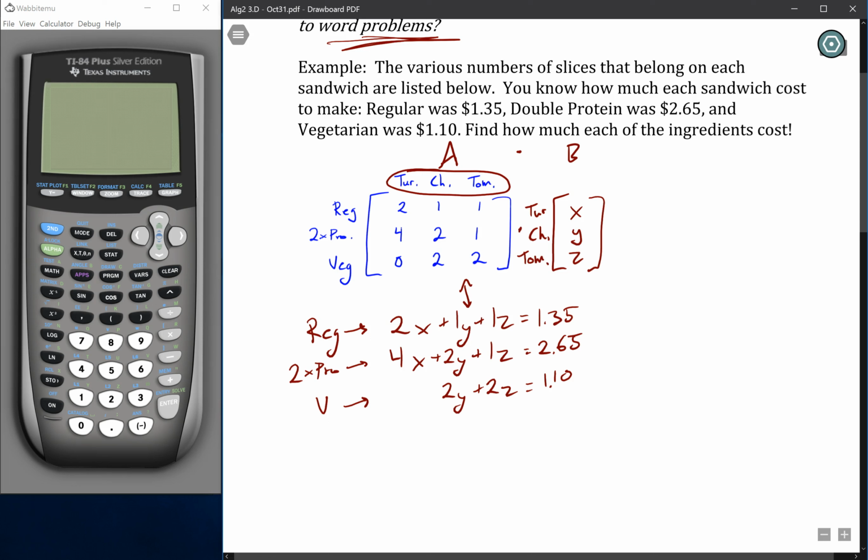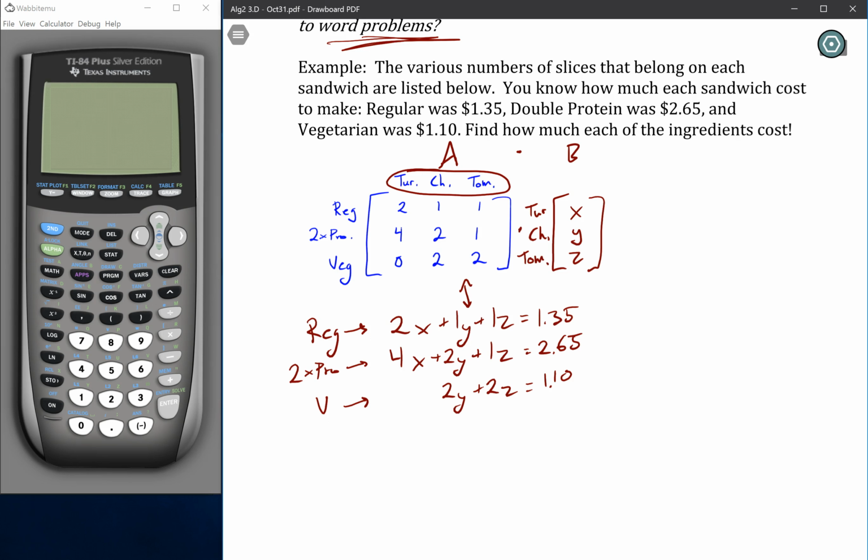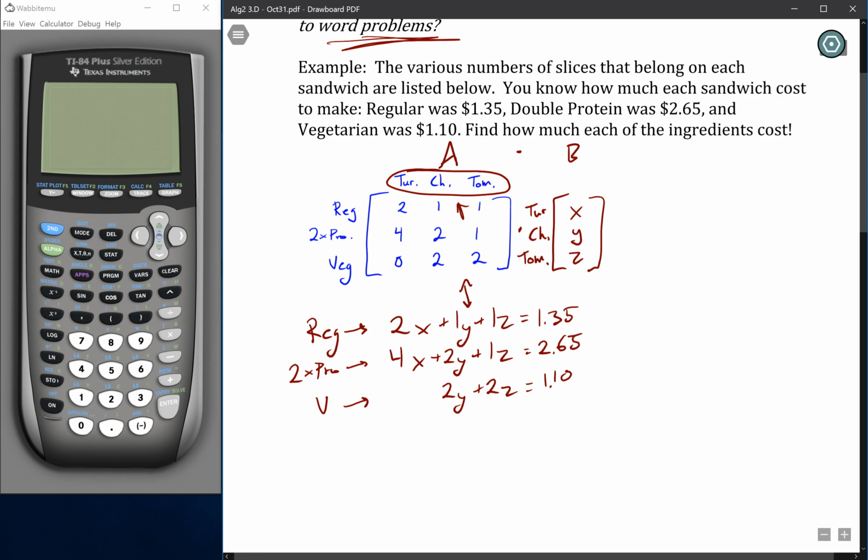Yeah, it definitely is. So this makes sense here. Our units line up. The rows of this one do indeed line up with the columns of this one. What would be the units for the columns of the variable matrix? Well, what am I actually solving for? Oh, it's the cost of the ingredients. So my column would be labeled with dollars.